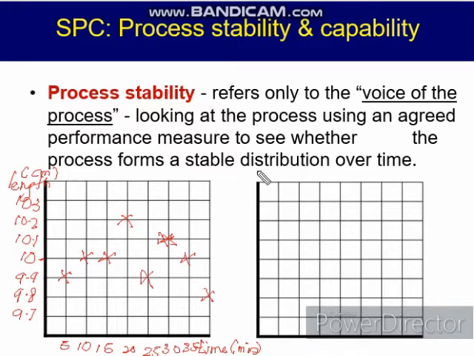The stable distribution definition is basically whether this particular data conforms to the normal distribution curve, with some requirements.